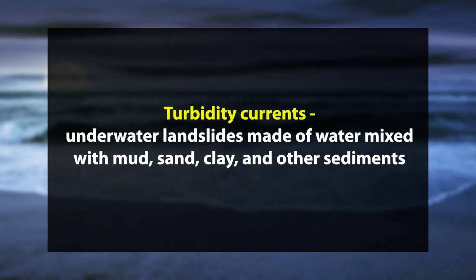Turbidity currents are underwater landslides made of water mixed with mud, sand, clay, and other sediments. These currents move rapidly downslope on the seafloor. When they move, they displace large amounts of water, which can create waves at the surface.